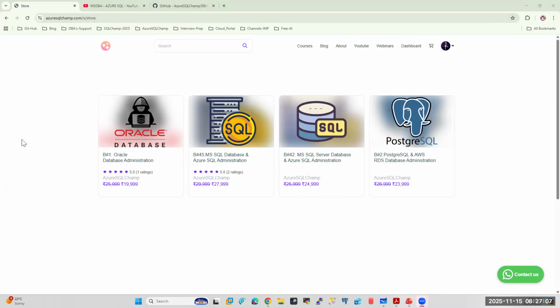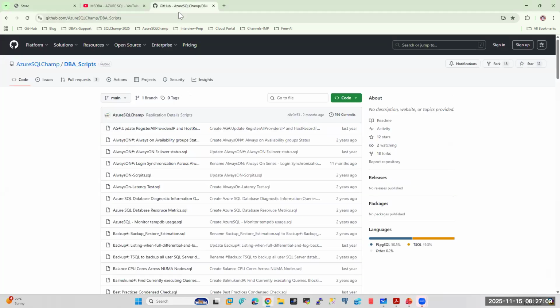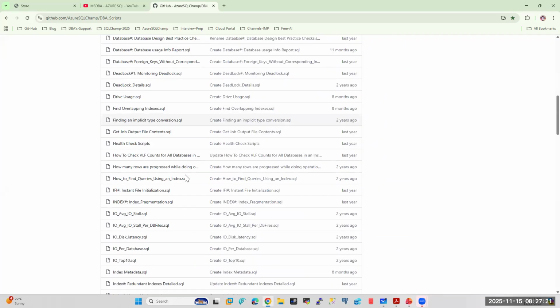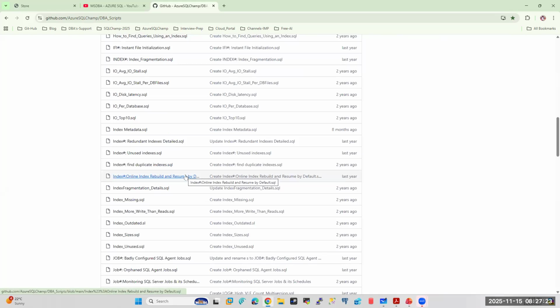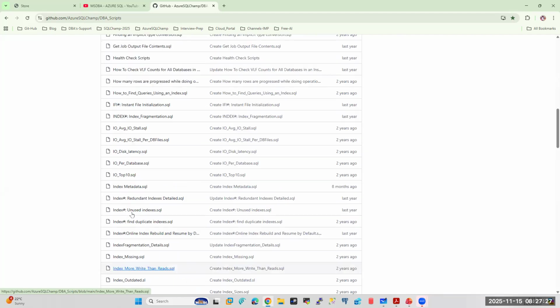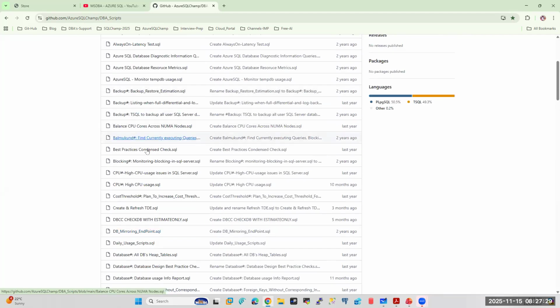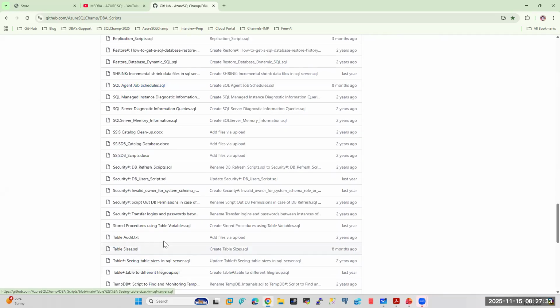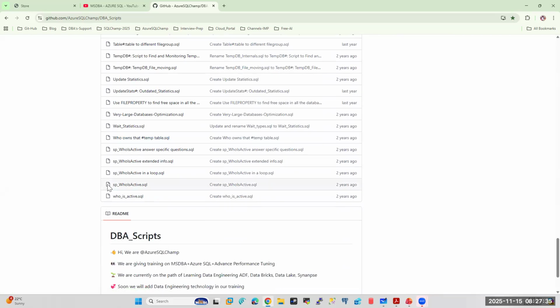And there is one more, our GitHub blog. This is our entire scripts repository, and we are enhancing it. We kept a lot of useful scripts here for your day-to-day work, especially when you are working with indexes, CPU, memory, waits, and active sessions.